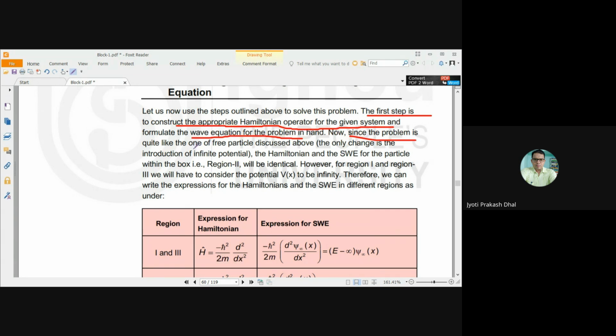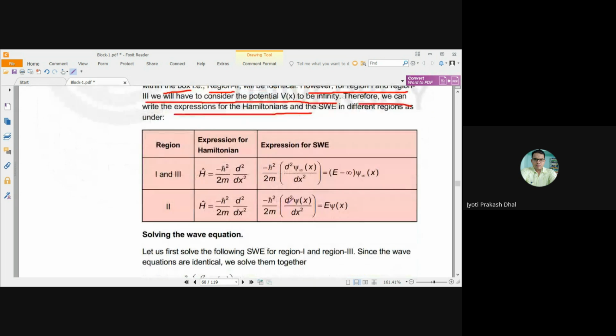Since the problem is quite similar to that of the free particle, here we will construct the Hamiltonian and the Schrodinger wave equation of the particle within the box, that means region 2. However, for region 1 and region 3, we will have to consider the potential energy to be infinite. Therefore, we can write the expressions for the Hamiltonians and the Schrodinger wave equation in the different regions.